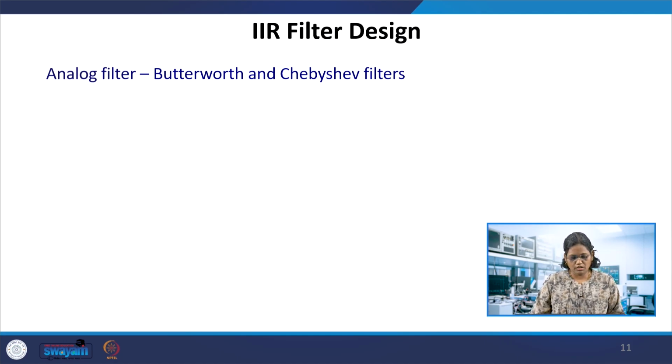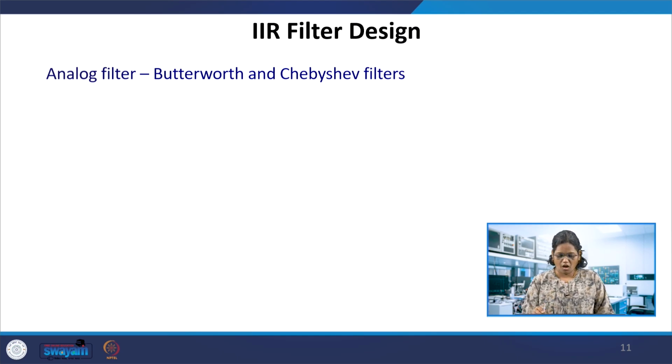In filter design, digital filters especially, we can design in two forms generally. One is to design a digital filter in the digital domain itself, where specifications and other things are given in the digital domain.